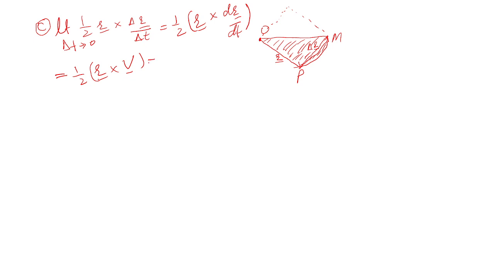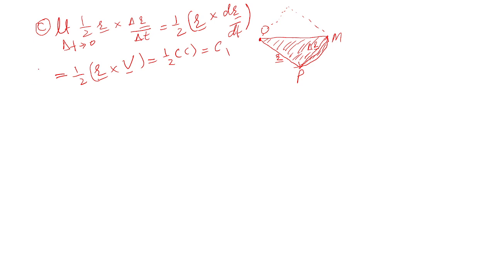So 1 over 2 times a constant is again a constant. Okay, so what does that mean? This is area per time, that means areal velocity.